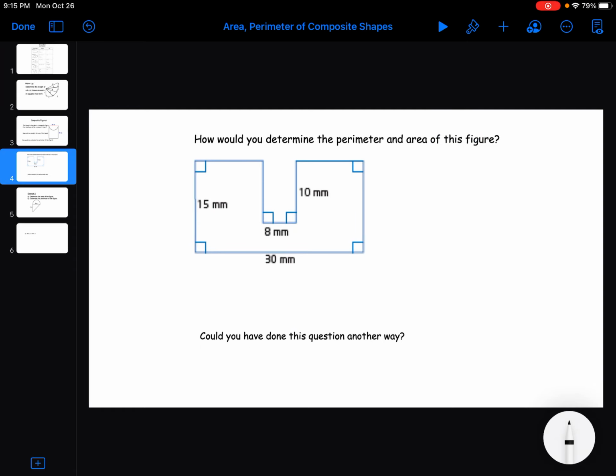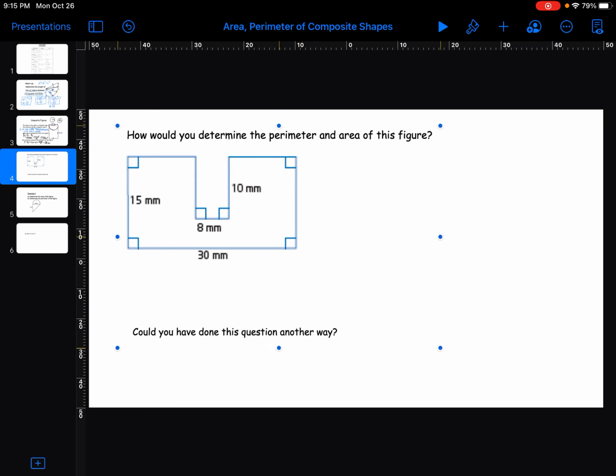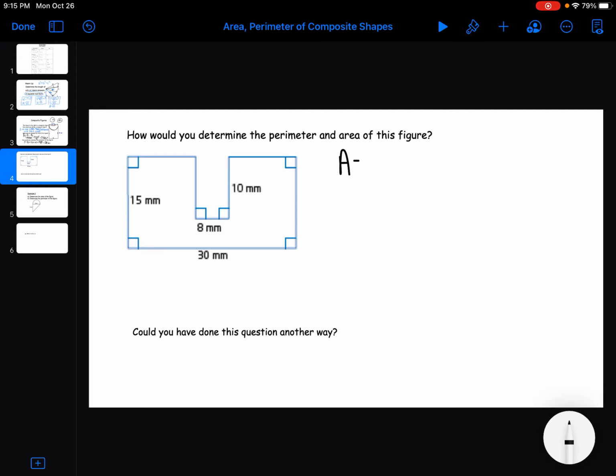Looking at this one, how would you find the perimeter and area of this shape? I'm not going to go through and do it. For the first one, there's kind of two ways you can look at this. For the area, we could make the whole big shape 15 by 30.